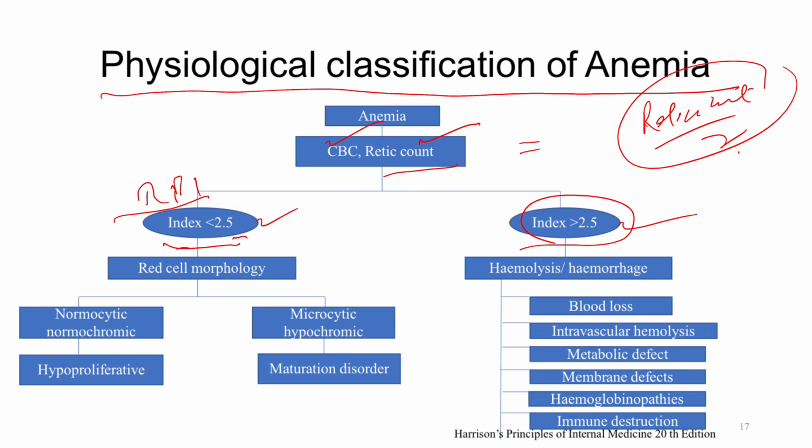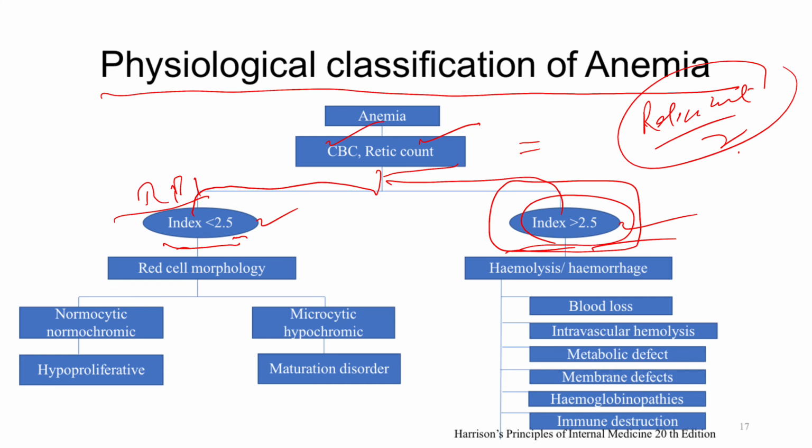And if the index is more than 2.5, it means there is massive production of reticulocytes, or there is excessive destruction of the reticulocytes. They are produced in a huge quantity, but at the same time they are also being destroyed.